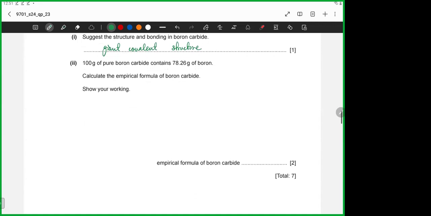And then he says calculate the empirical formula of boron carbide, right? So 100 grams of boron carbide has this much boron. So it's got boron and carbon in it, right? So boron is 78.26 grams, right? So tell me, what is the amount of carbon that you have in this?